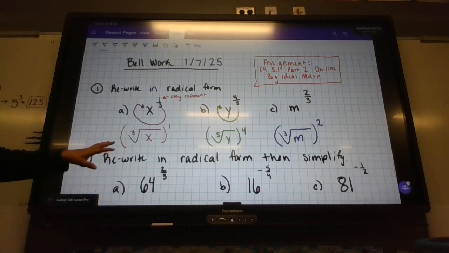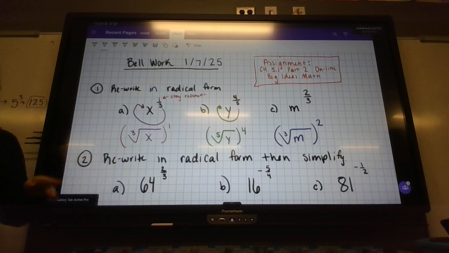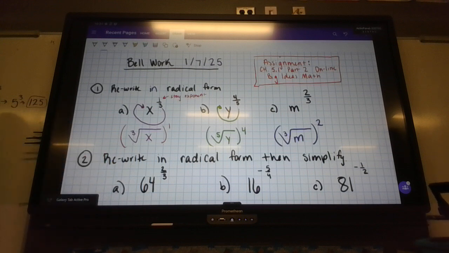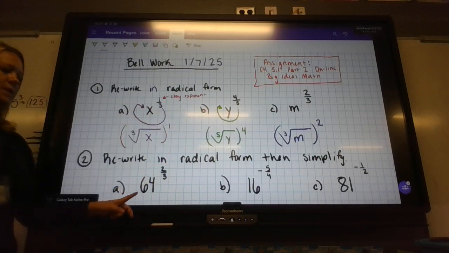What is the difference between 1 A, B, and C and 2 A, B, and C? Yeah. Number 2, there's more chances to simplify than number 1. Use the calculator. Yeah. So this is just X's and Y's, and this is numbers.